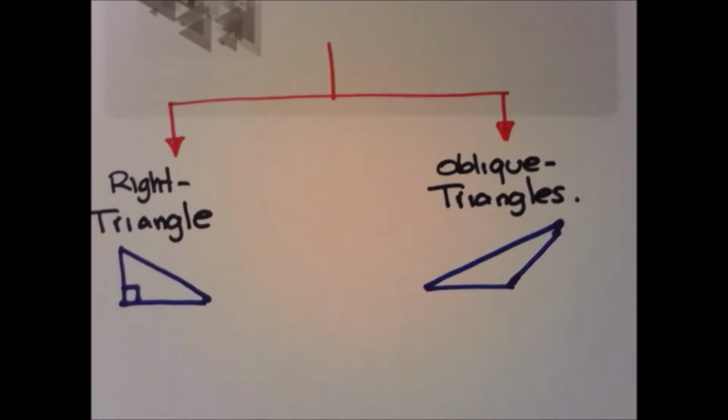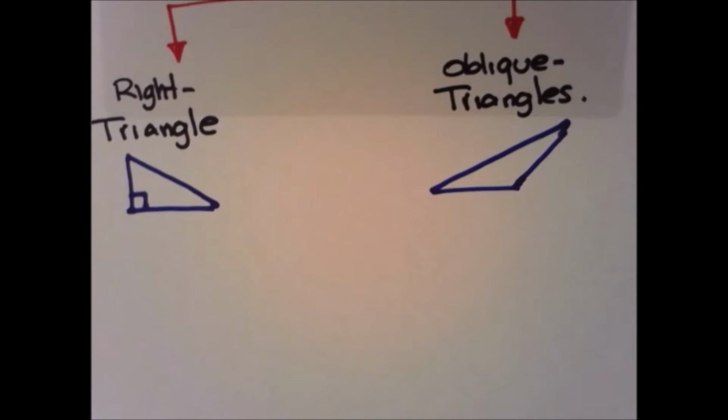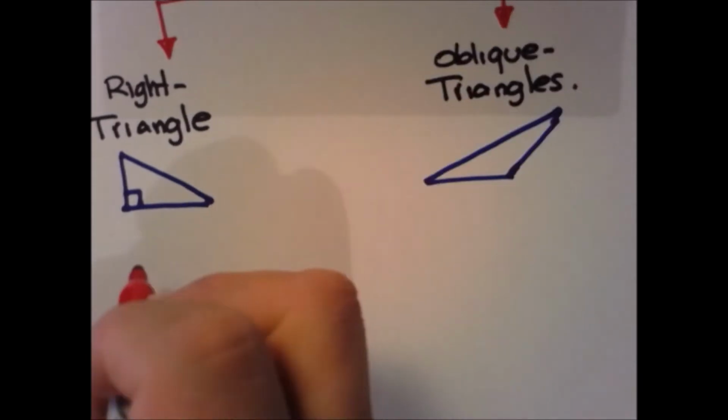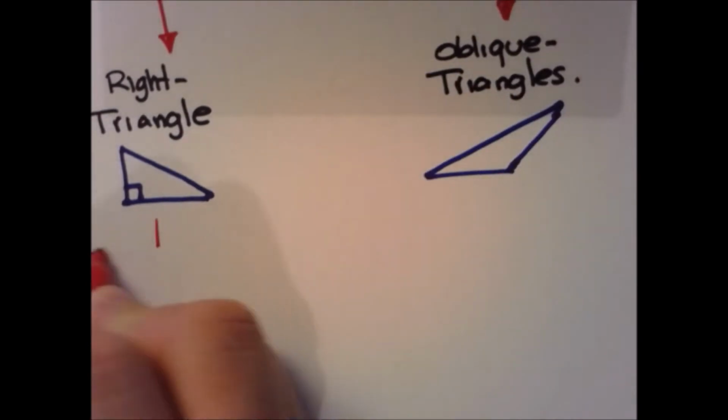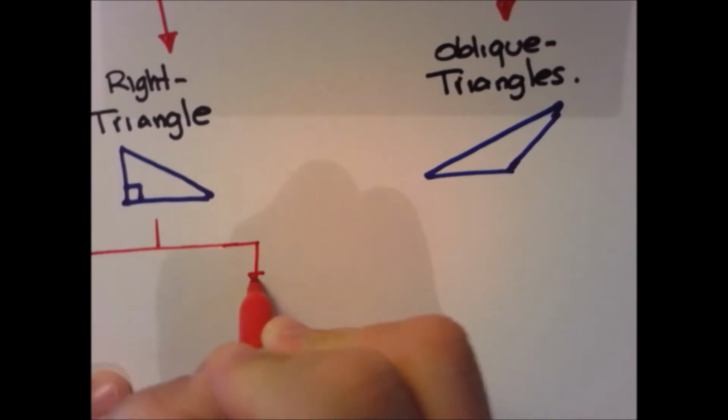All right? Okay. Now, the reason I'm talking about that is because at the time that you want to solve a problem where a triangle is involved, you need to know the theorem that you need to use, and not all the theorems are used in all the triangles. For example, here I'm going to make another sub-classification, and I'm going to talk about two different cases.